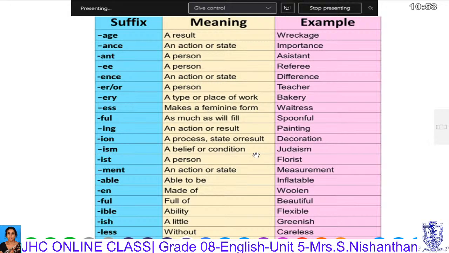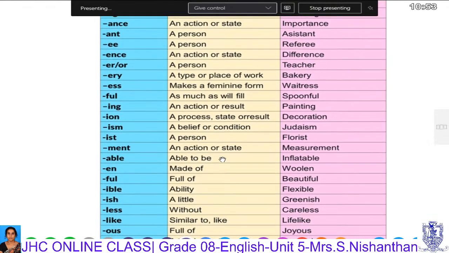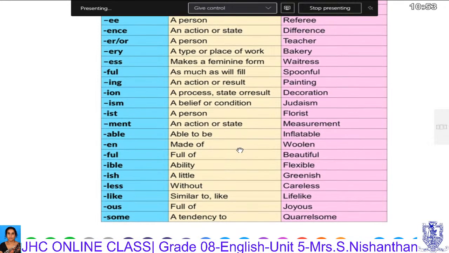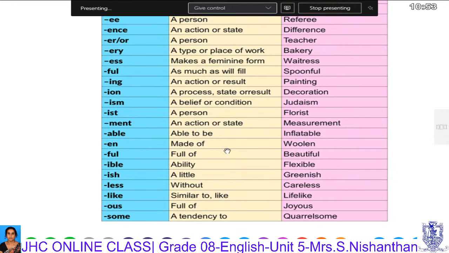Judaism. IST shows a person, and MENT gives you the action or state, and ABLE, inflatable, comfortable, and EN, that is made of, woolen, right? Made of means EN, woolen, right?